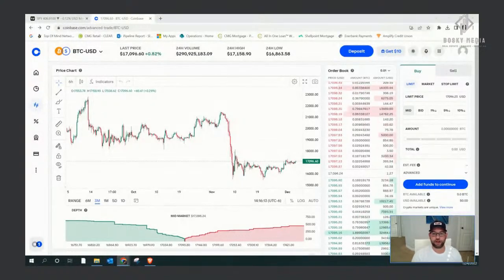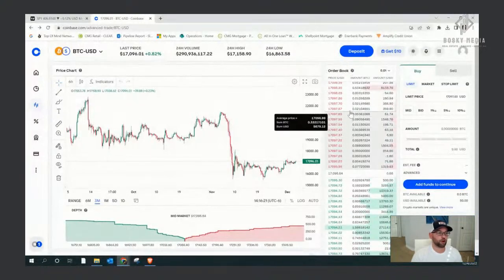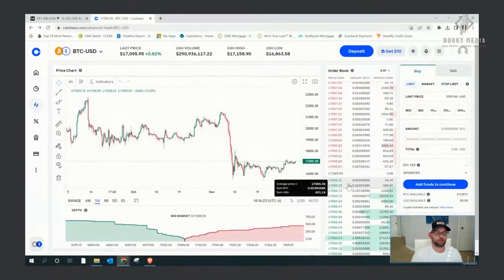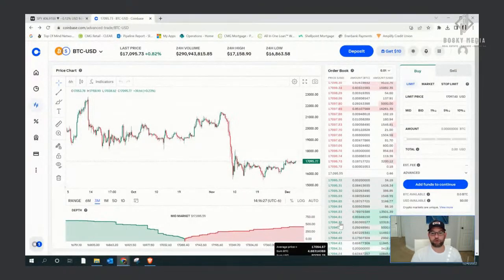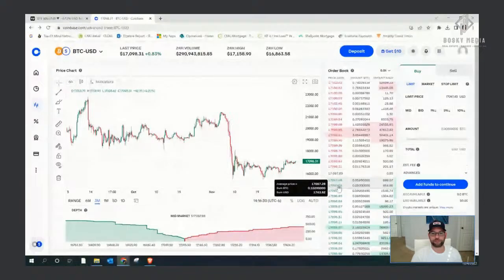So this is an order book here. See that order book right there? And these are all different people's orders. Down here in the green, these are buy side orders at these prices.